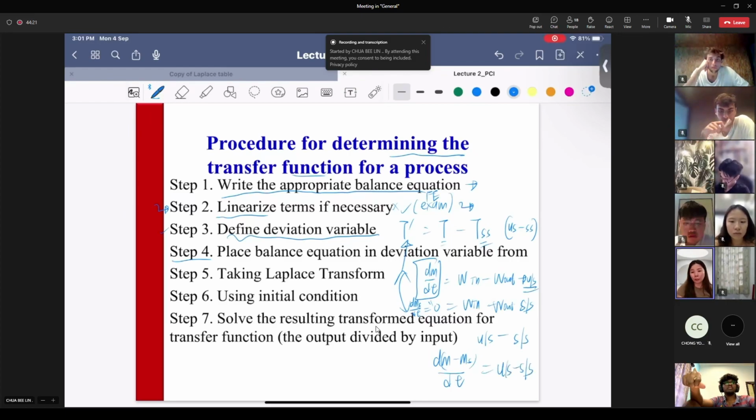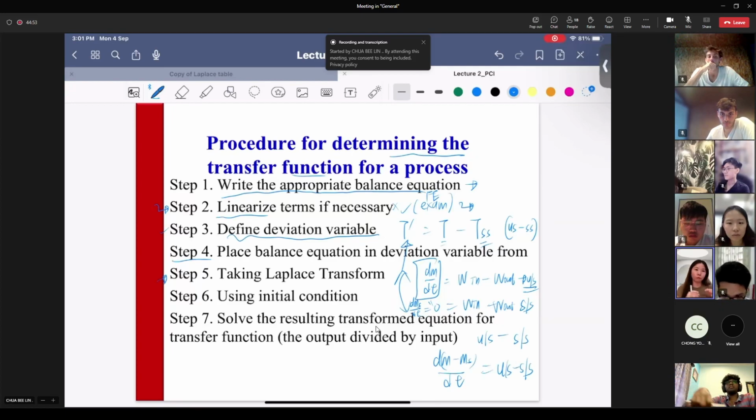So it means your step 4 is actually having the mass balance. If you only have the mass balance, then you'll be using the unsteady state mass balance minus the steady state mass balance. If you have the energy balance, then you'll be using the unsteady state energy balance minus the steady state energy balance to give you the equation in deviation form. Okay, so this is step 4.